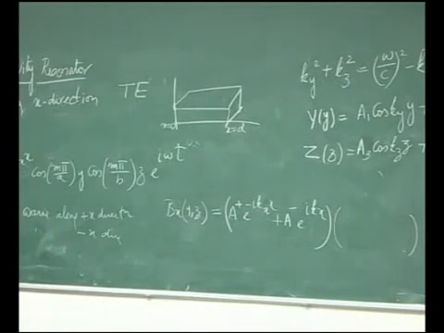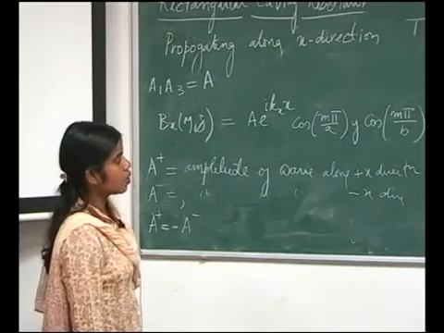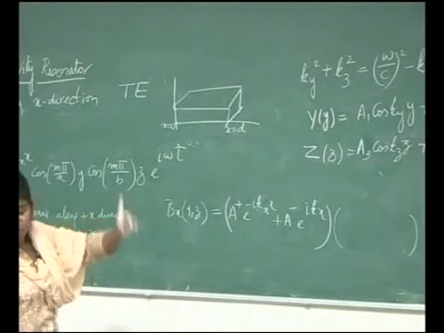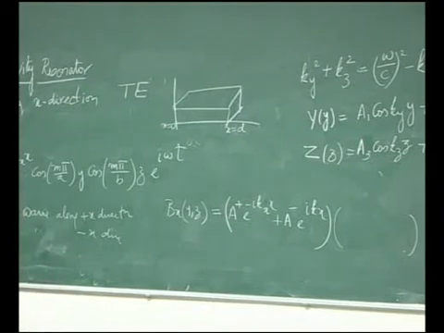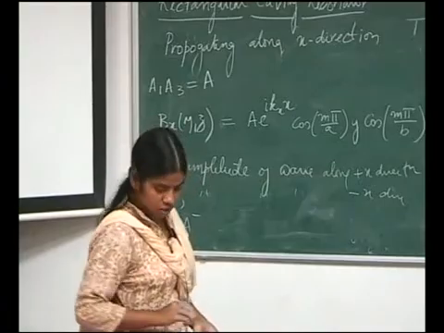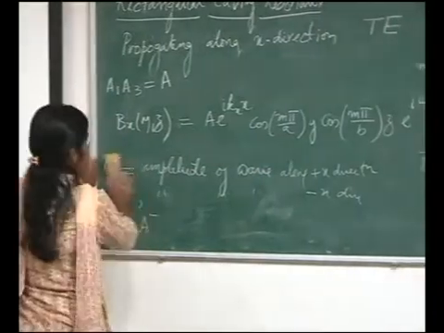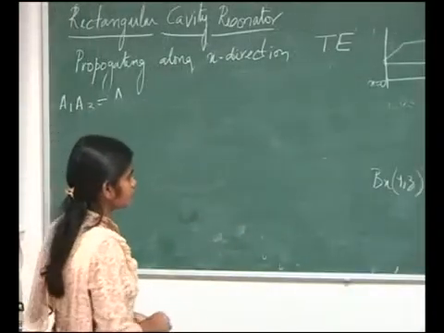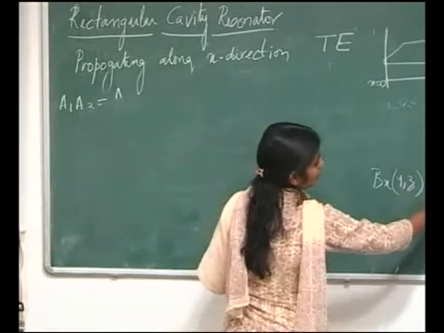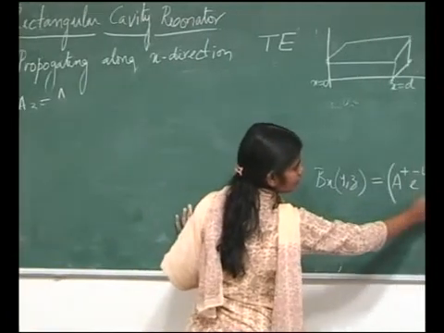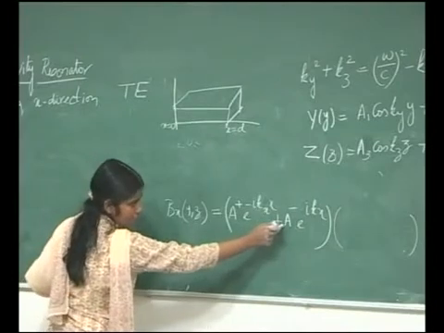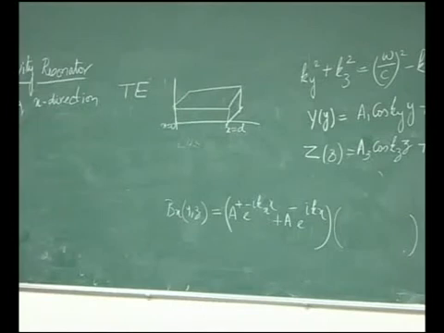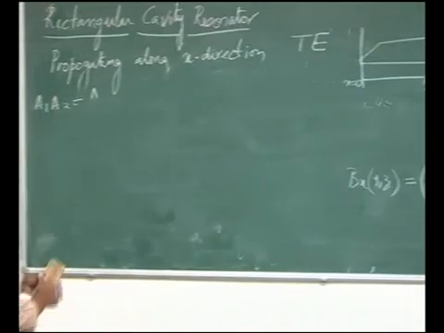So when I do that, I will take Ey again. This is the fifth boundary condition. Okay. So to solve this fifth boundary condition, here I can write that this is minus a plus e to the power I kx, because I have written that a plus is equal to minus of a minus.